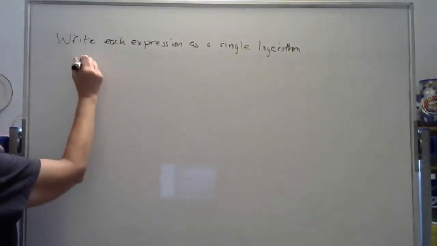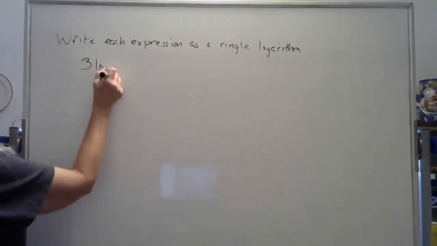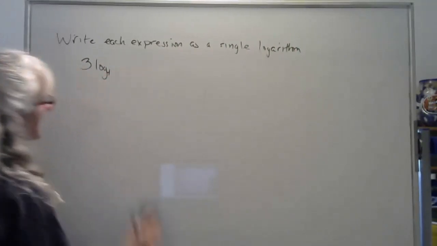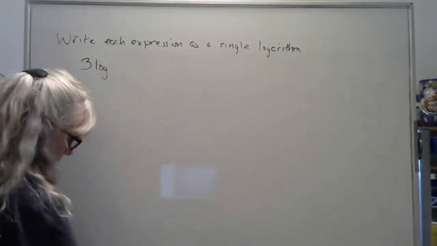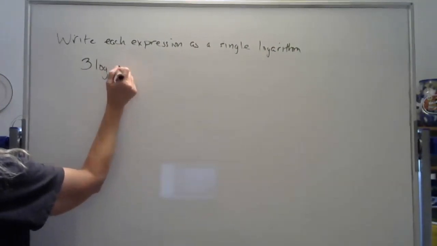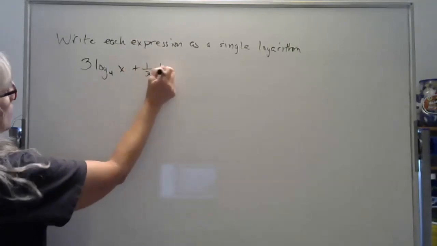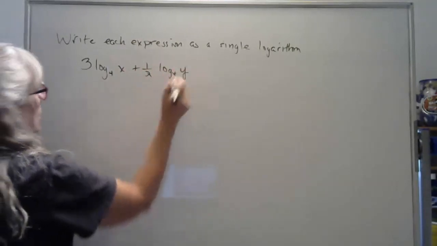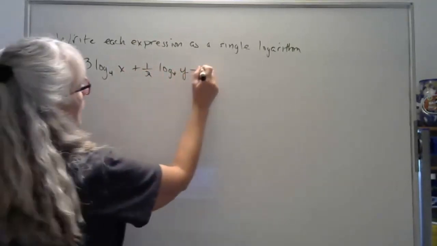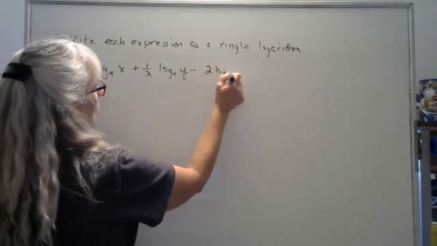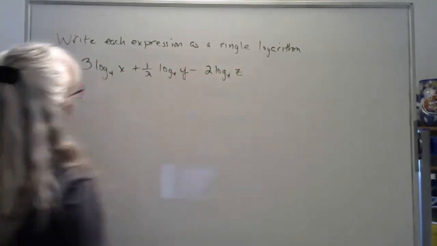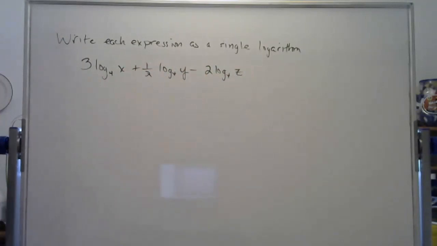Let's say, and we're only going to do one of these because there's only one of them: 3 times the log base 4 of x plus 1/2 log base 4 of y minus 2 log base 4 of z.